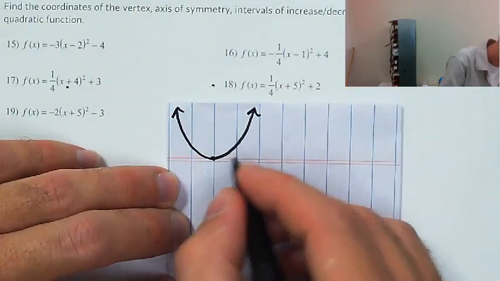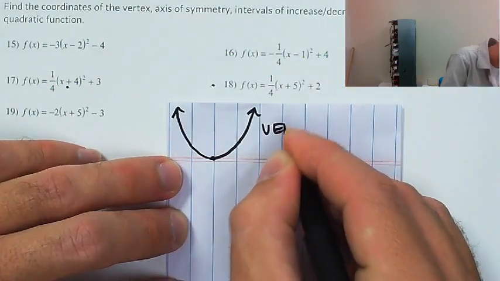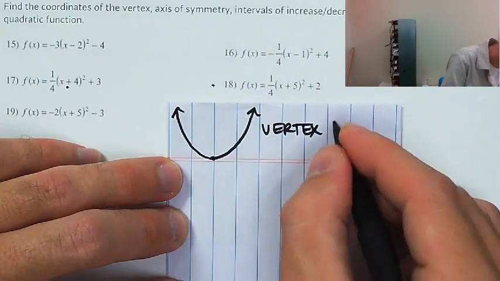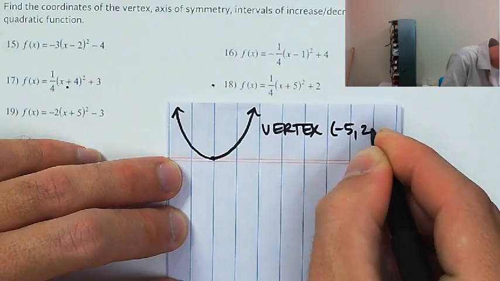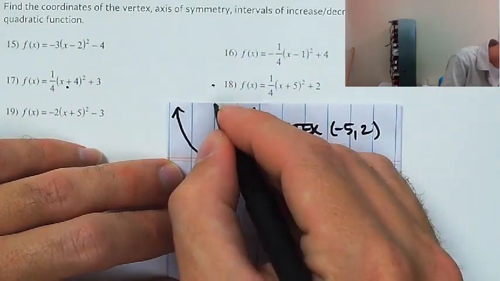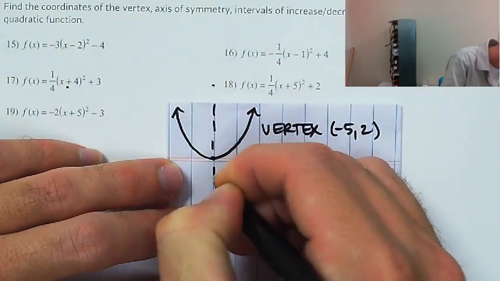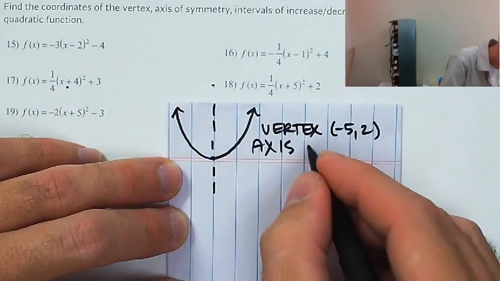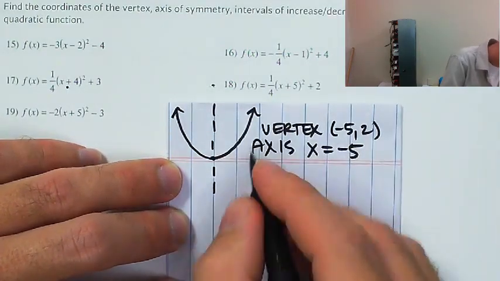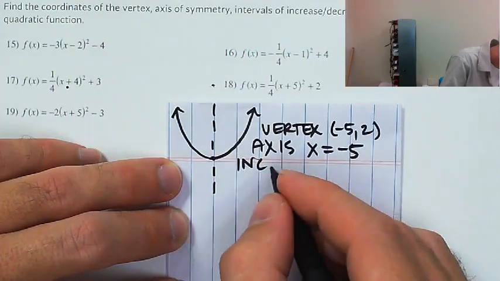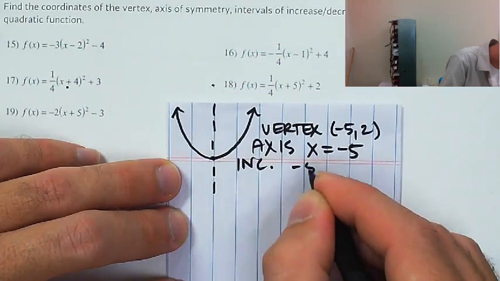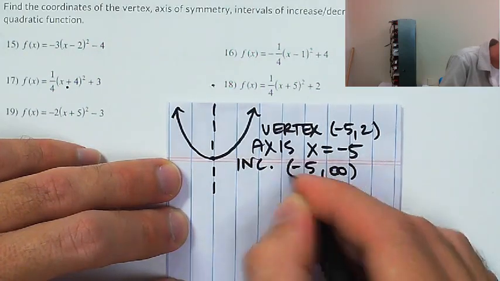So, okay, this vertex is going to be at x equals -5, y equals +2. Okay. Axis of symmetry is right here. That's a vertical line. It's the set of all points where x equals -5. The function is increasing when x is greater than -5, so maybe -5 to +infinity.